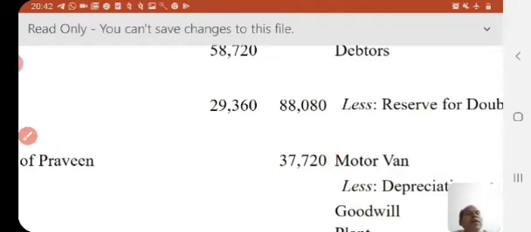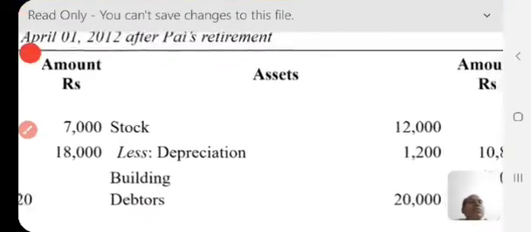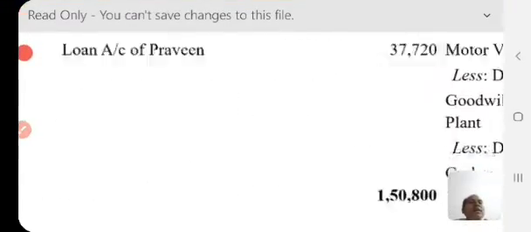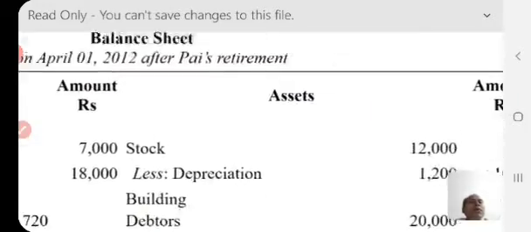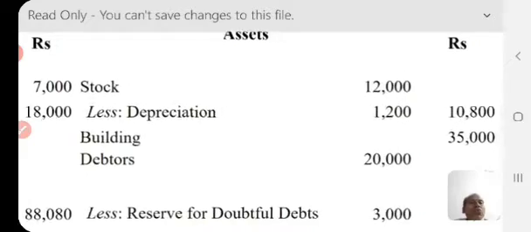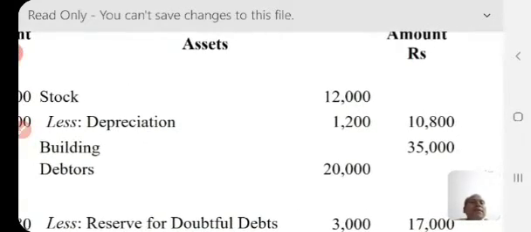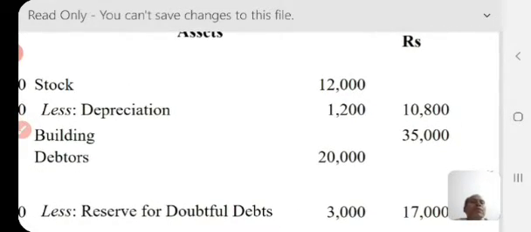Okay. Now the liabilities side is over. Now we are moving to the assets side. Stock 12,000 less depreciation.